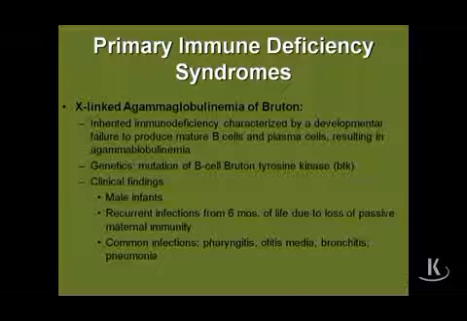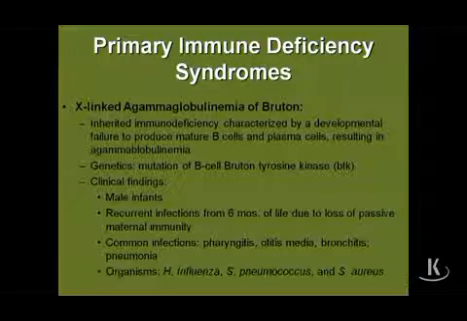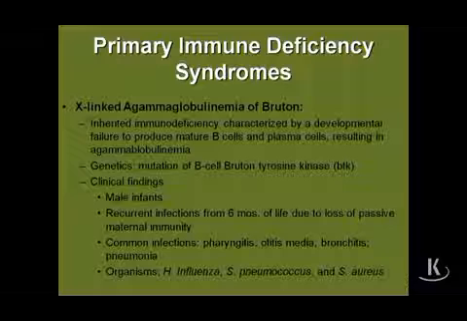And basically what's going to happen is you're going to increase the likelihood of upper and lower respiratory tract infections because of bacterial infections, since we need antibodies to opsonize bacteria. So you can get pharyngitis, otitis media, bronchitis, as well as pneumonia. And common organisms associated with this are H. influenza, Streptococcus pneumococcus, as well as Staphylococcus aureus.